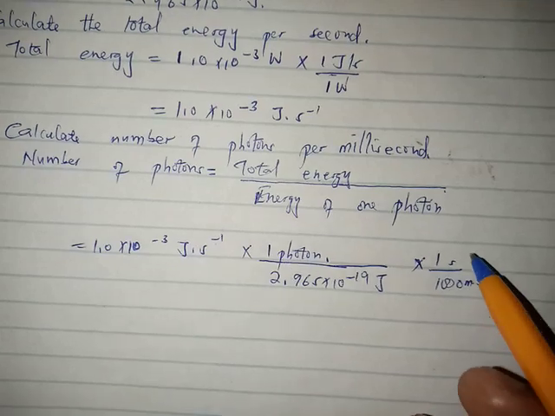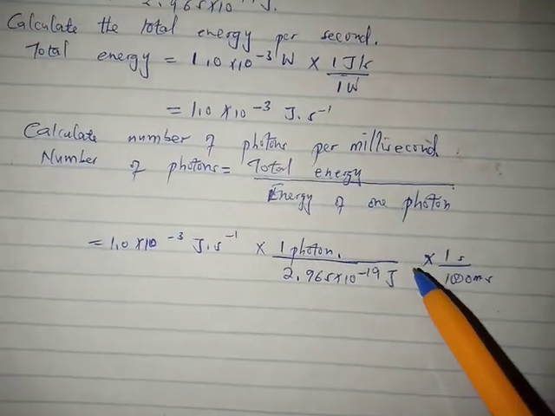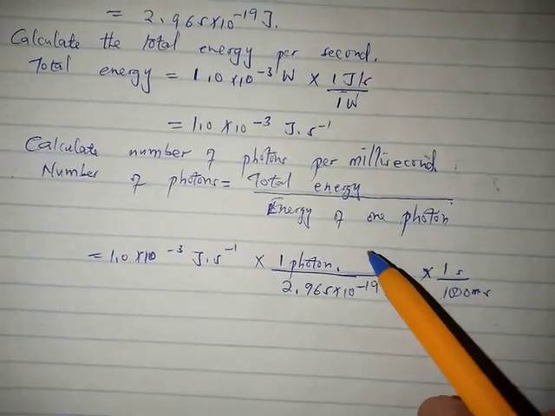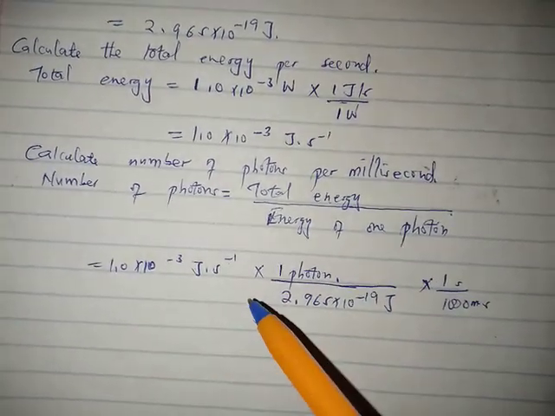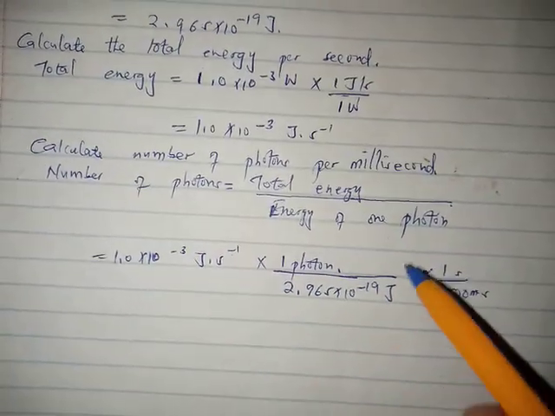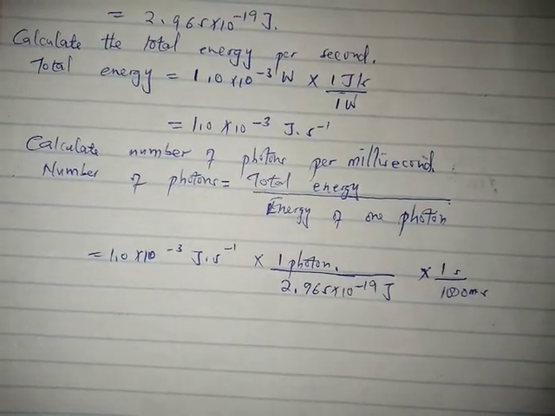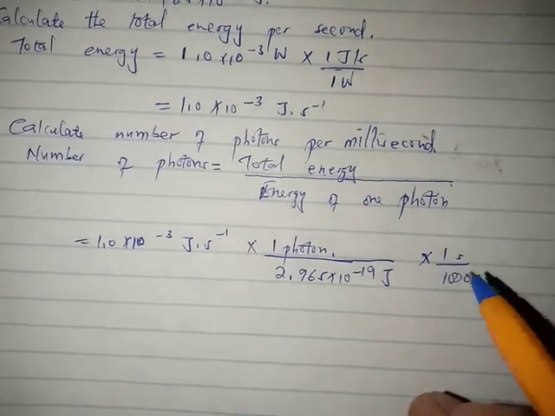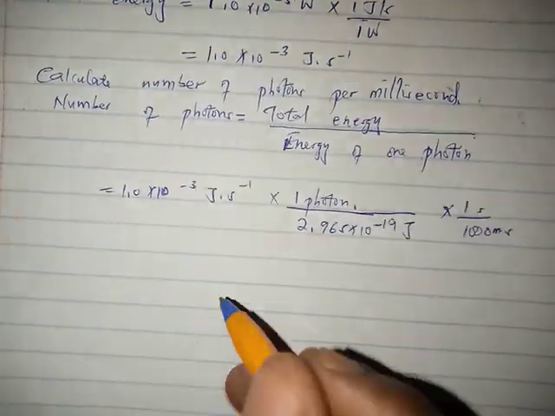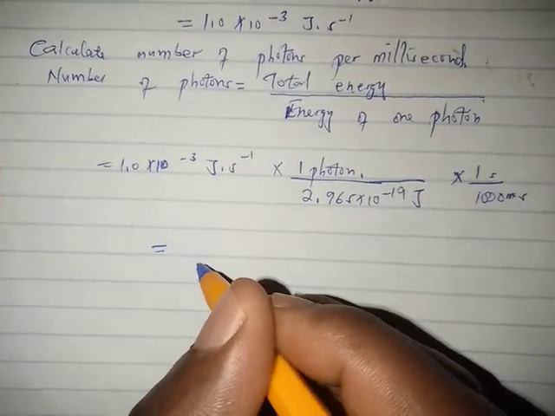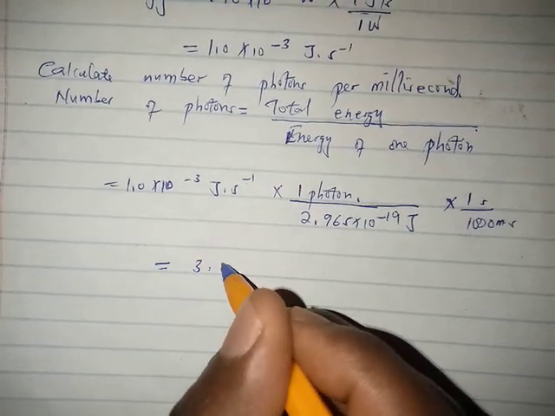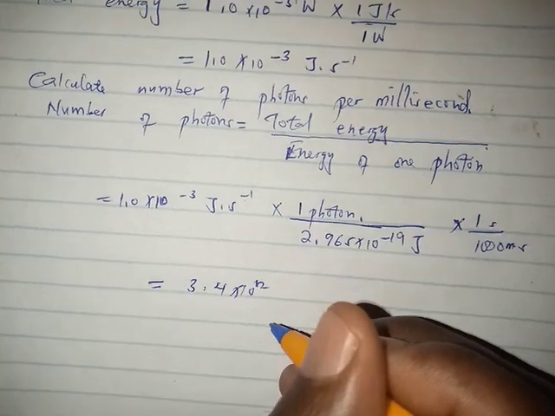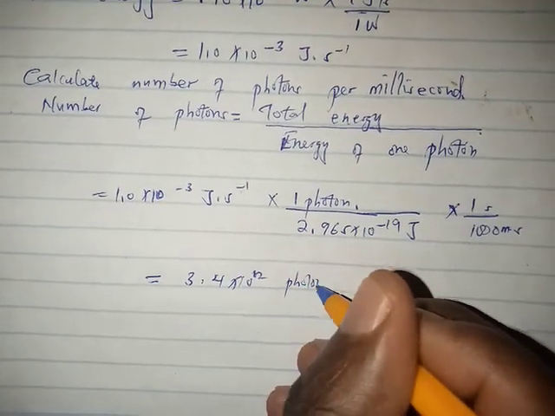Remember, we are just converting. We're calculating the number of photons per millisecond. That's why we have divided here by 1,000, and therefore we have the final answer as 3.4 times 10 power 12 photons per millisecond.